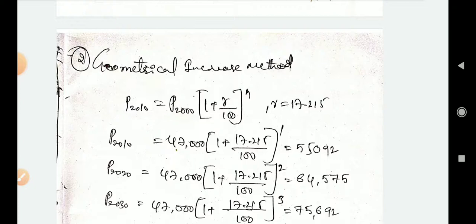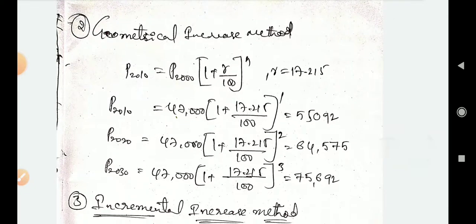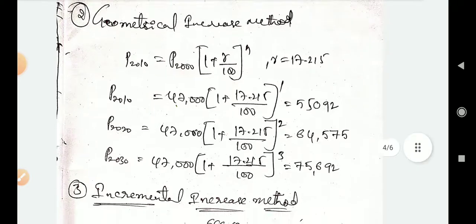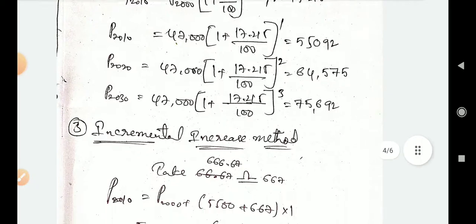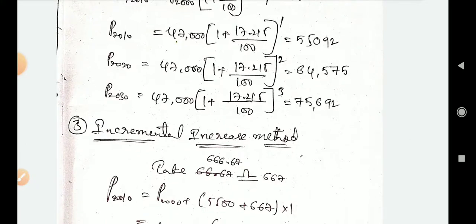For n equals 1, the first decade is 55,092, the second is 64,575, and the third decade is 75,692.